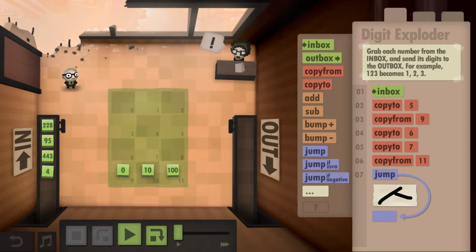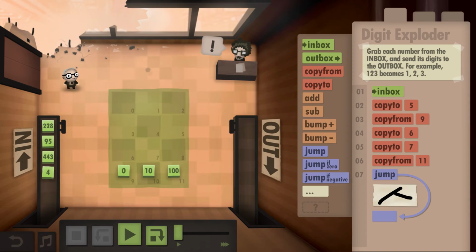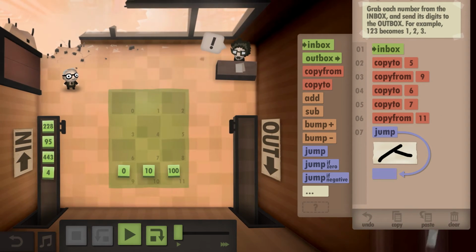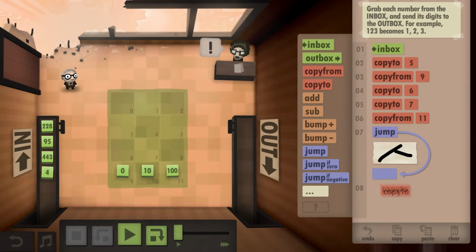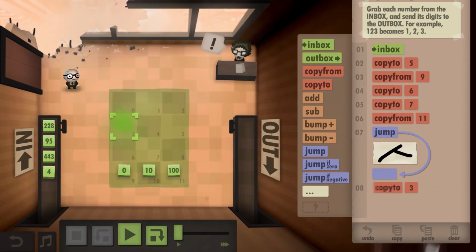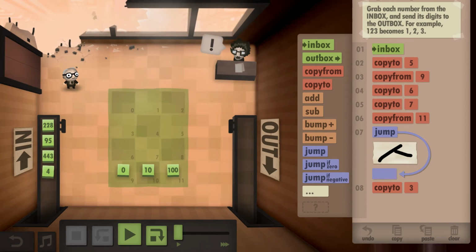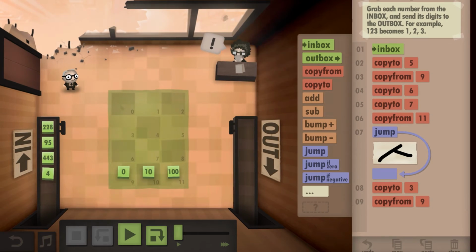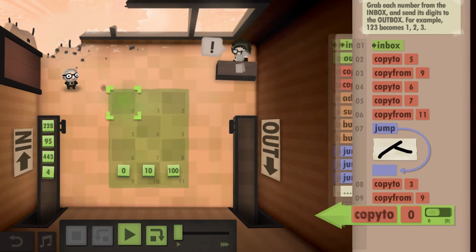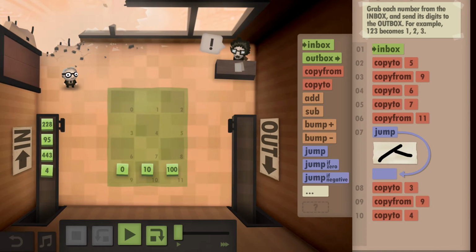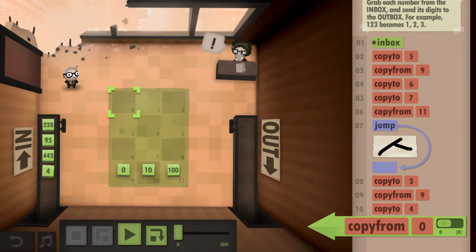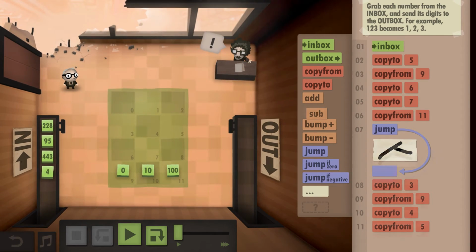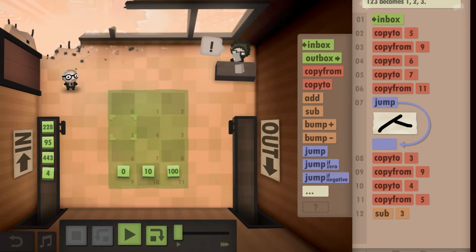Hey, put a comment in there and just leave a symbol for myself saying, hey, if this is still here like this, it needs to be removed. Then copy that to there. That to there. And then copy from that and subtract it from that.